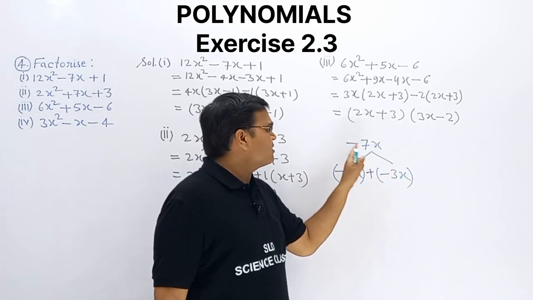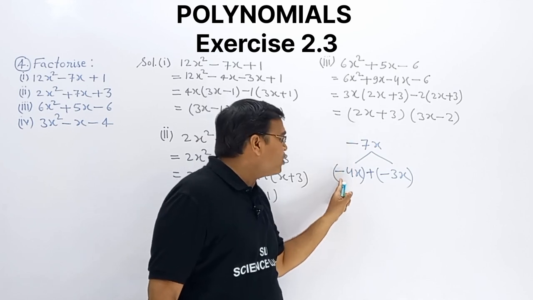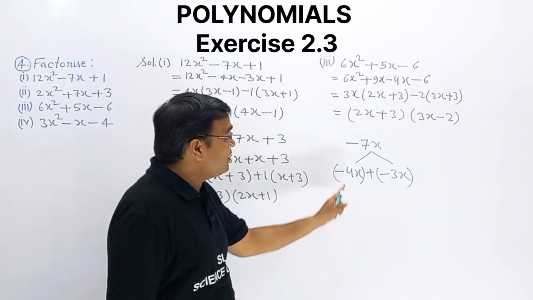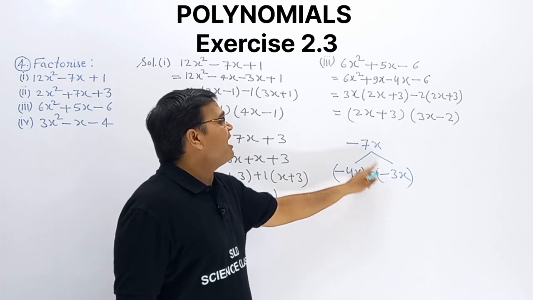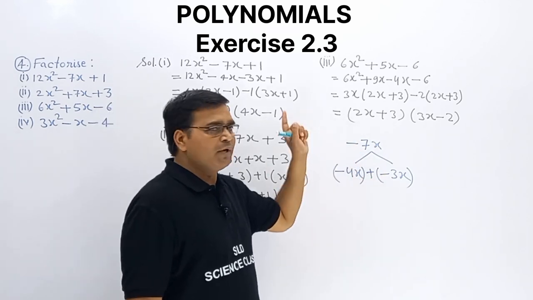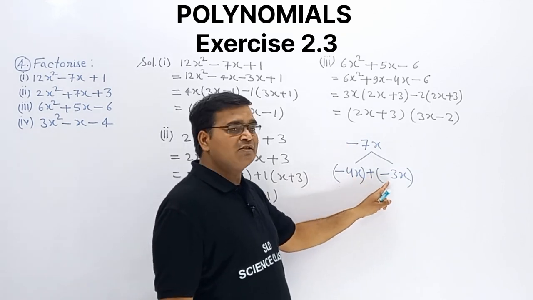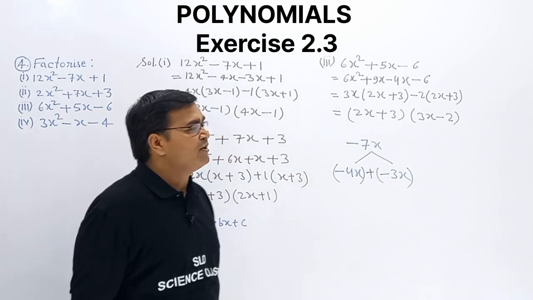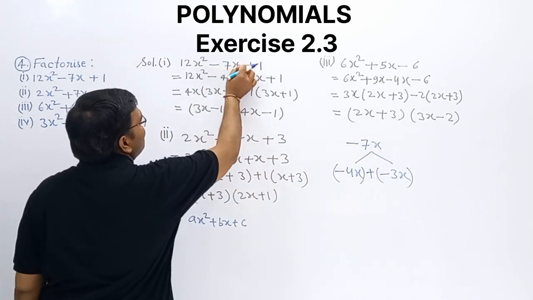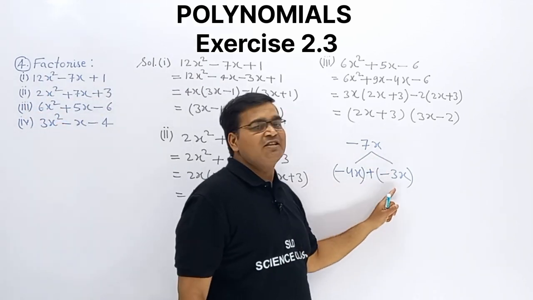Both are negative, so the sign will be negative. We are doing addition, not product. In the product, the sign will be positive. Minus 4x minus 3x, when we add, we get minus 7x. So we are splitting the middle x term into 2 parts, minus 4x and minus 3x.